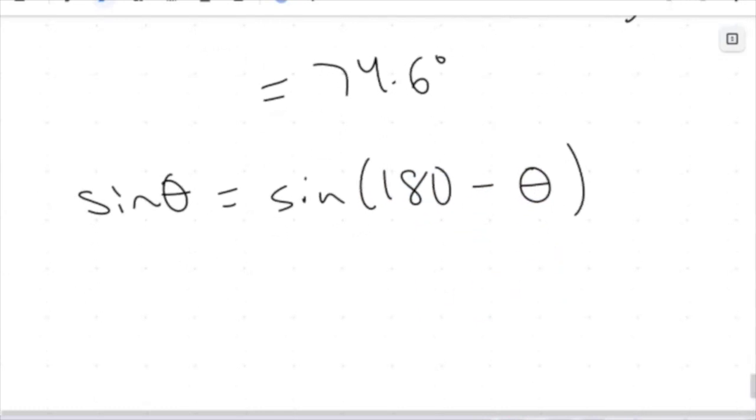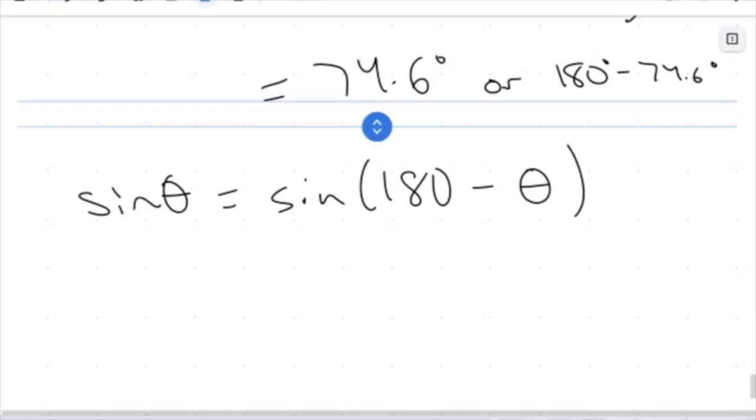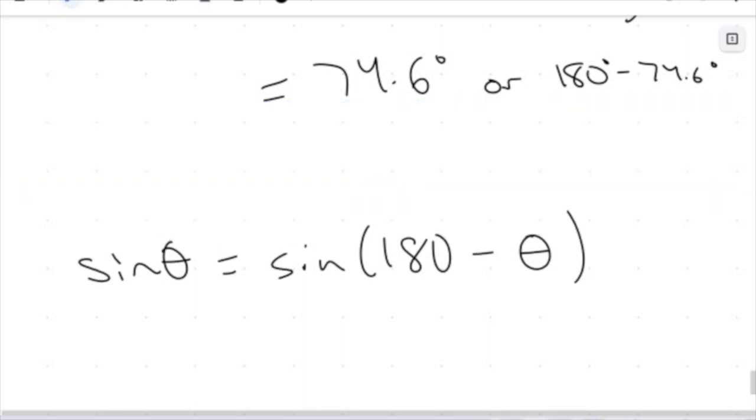So my second answer, I can have 74.6 degrees or 180 minus 74.6 degrees. And that's going to give me 105.4 degrees. So I have two solutions here.